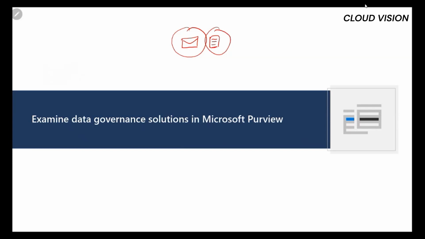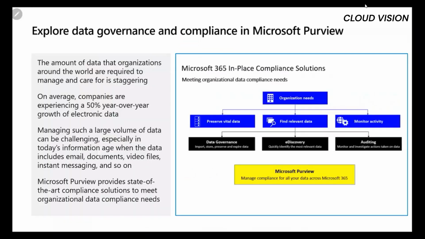The answer is yes, that can be done with the help of information protection policies and information governance policies, or also referred to as data governance solutions. So let's explore that.